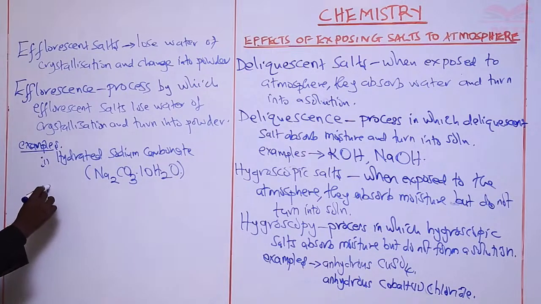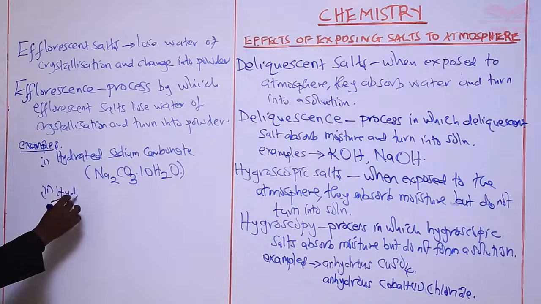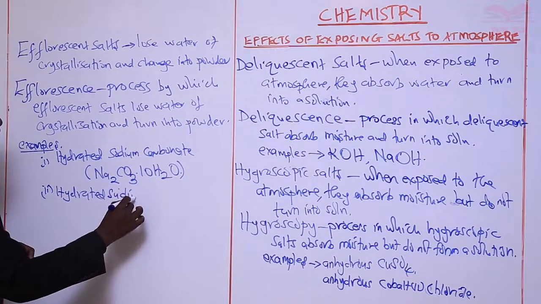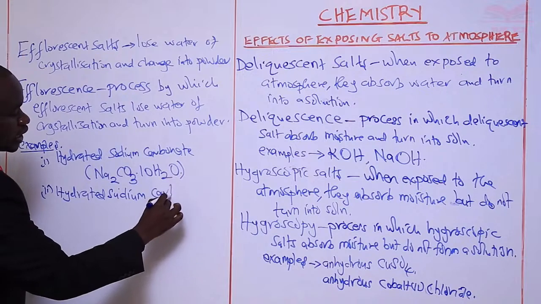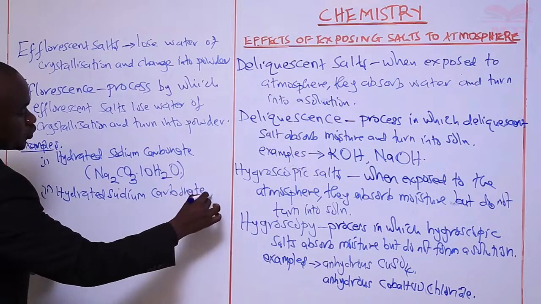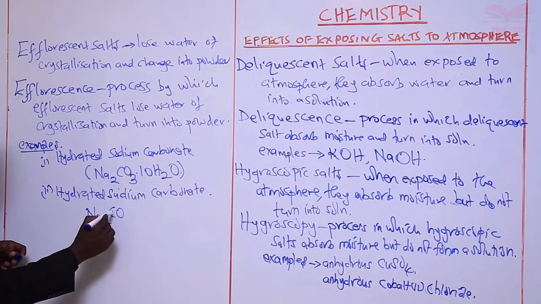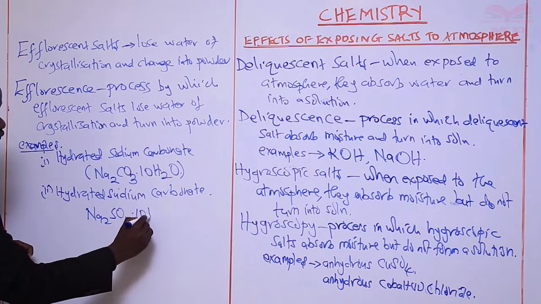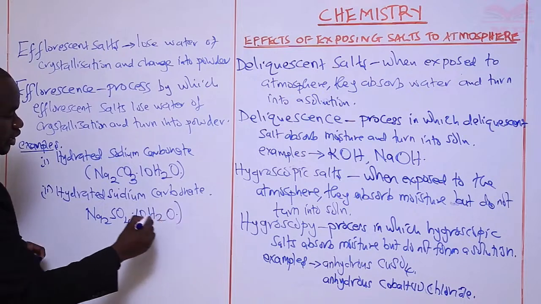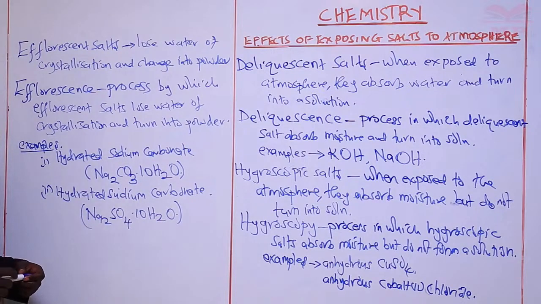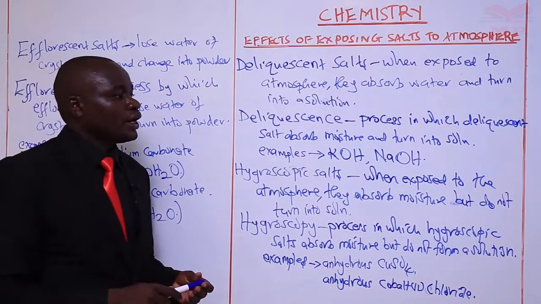Another example is hydrated sodium carbonate. This one also contains 10 molecules of water of crystallization. When exposed to the air, it will lose the water of crystallization and turn into powder.